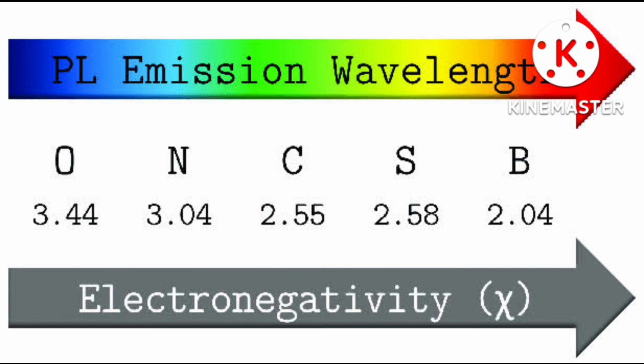Knowing the relationship between electronegativity and atomic radius, you can tell so many things. You can tell about metal and non-metal properties.